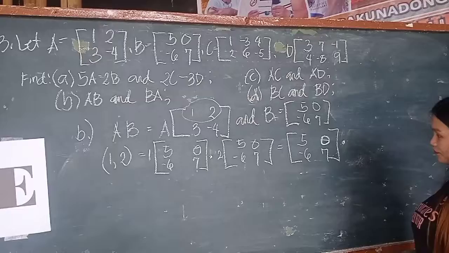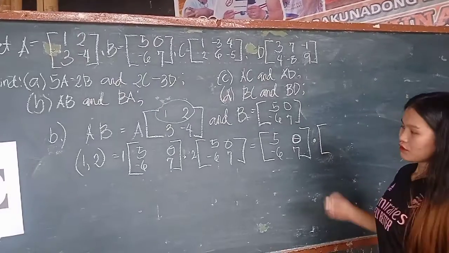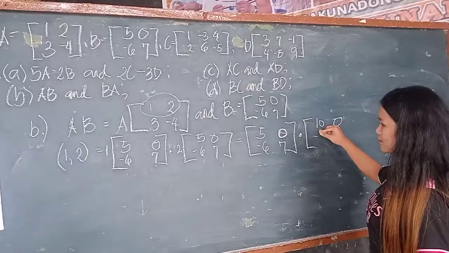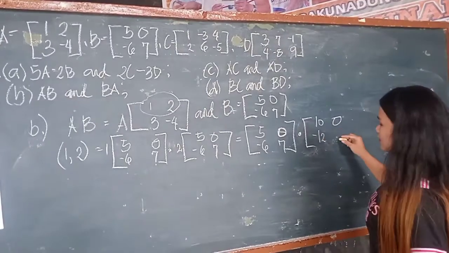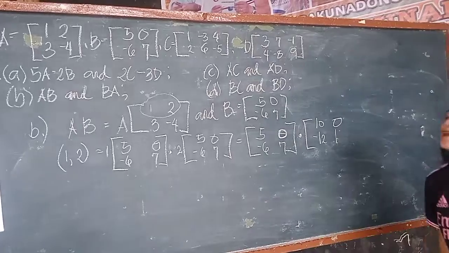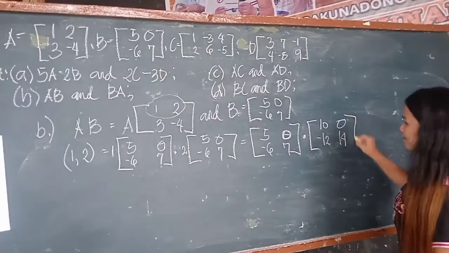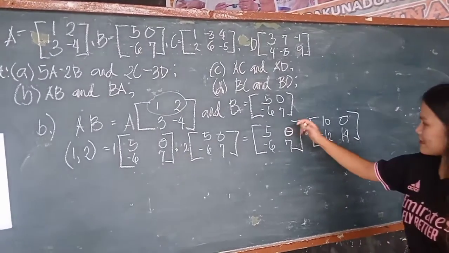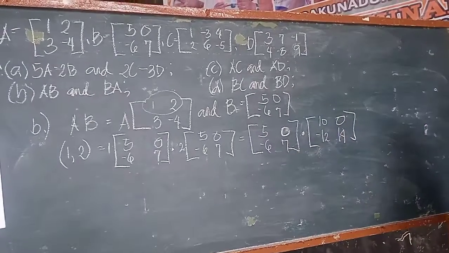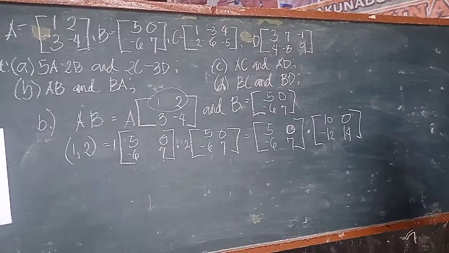So 2 times 5 equals 10, and 2 times 0 equals 0, and 2 times negative 6 equals negative 12, then 2 times 7 equals 14. So therefore it becomes 5, 0, negative 6, 7, and 10, 0, negative 12, 14.